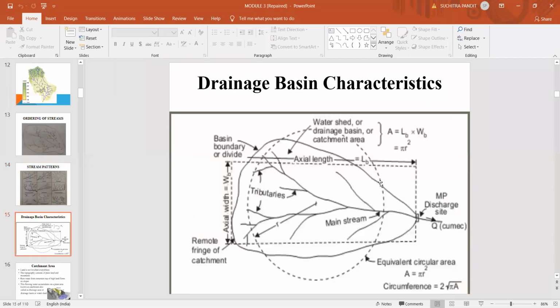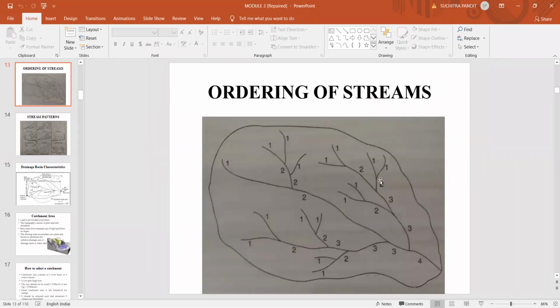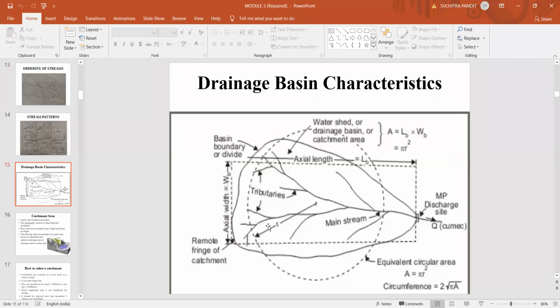So, ordering of the stream. Now here this figure typically explains the drainage basin characteristics. What are the characteristics of a catchment area? Now here you have a particular catchment area.